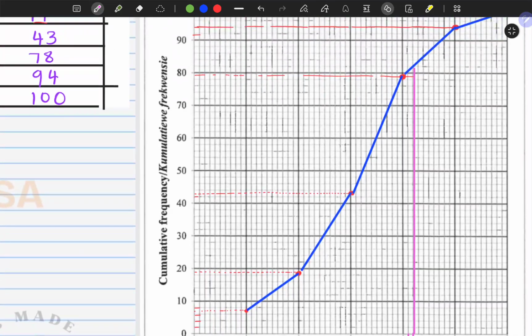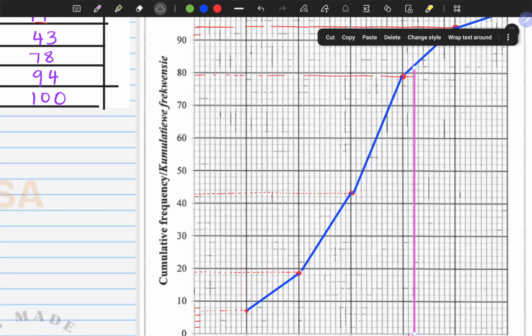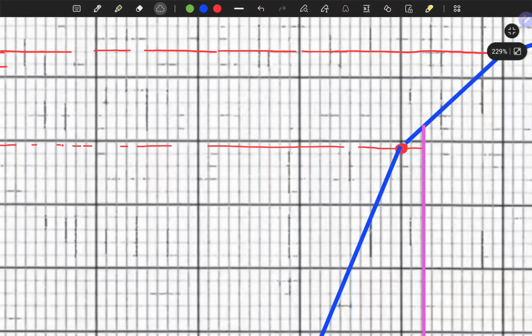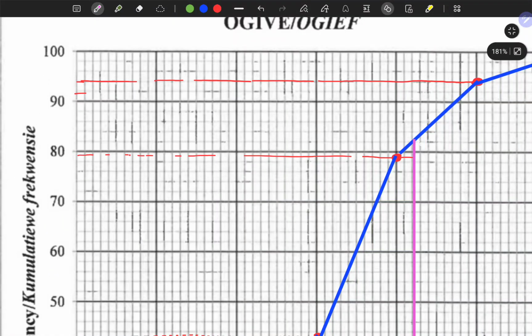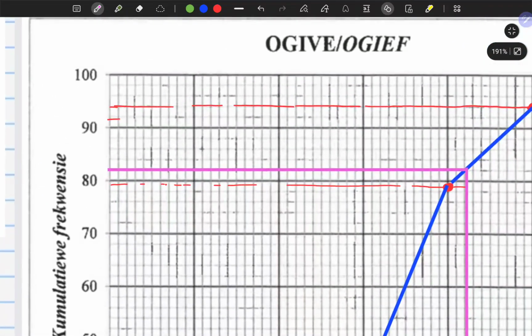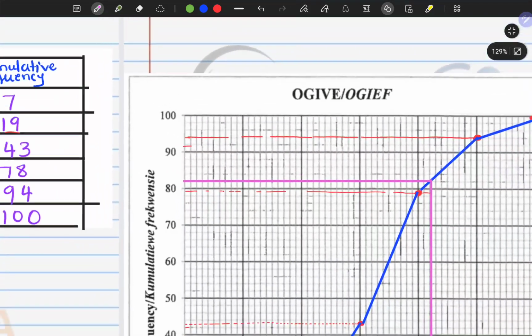Right. Let's see. Okay. And then if you observe carefully, it gives us something very close to that there. Like that. Okay. So that's about what we get. If you look carefully in steps of 2s, that's about 82.